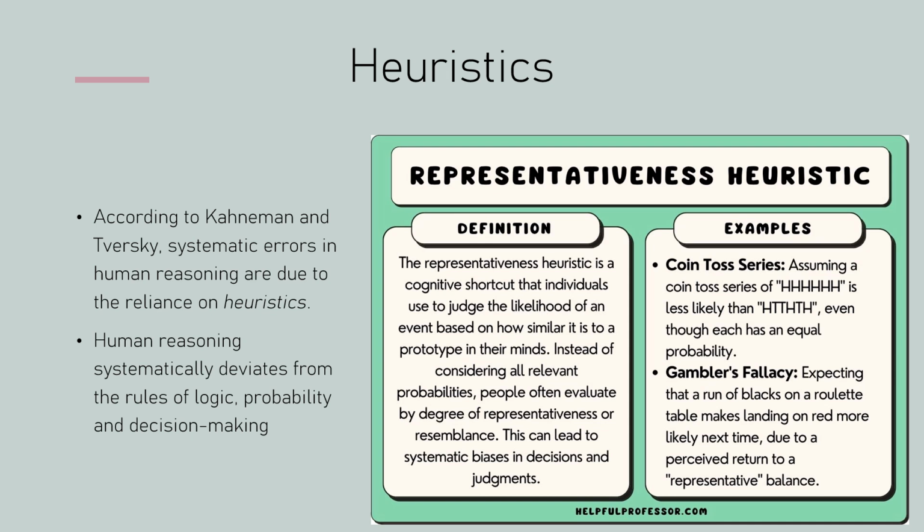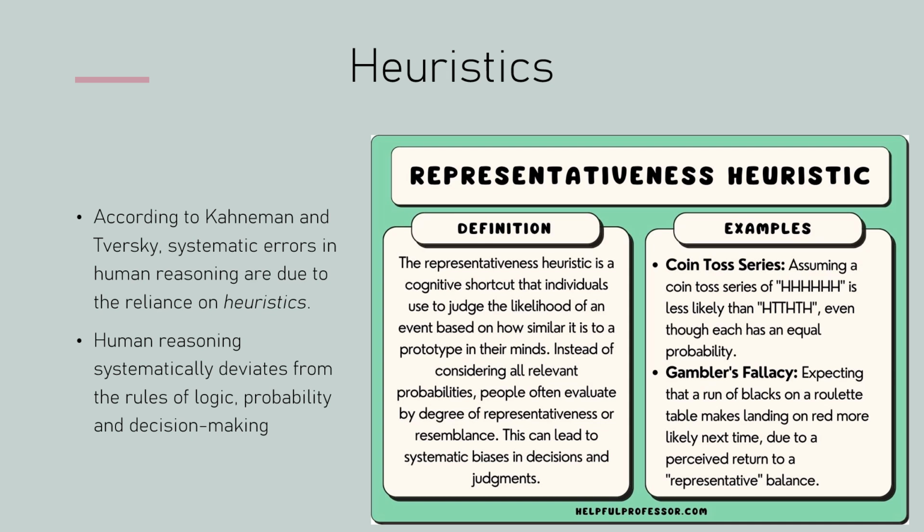So, according to Kahneman and Tversky, these systematic errors in human reasoning are due to the reliance on heuristics. And human reasoning systematically deviates from the rules of logic, probability, and decision making, they're saying. So, heuristics, and this is an example, the representativeness heuristic.